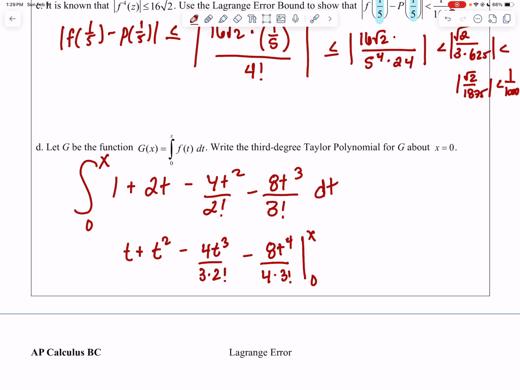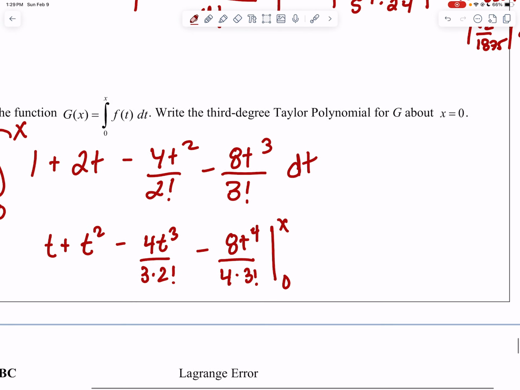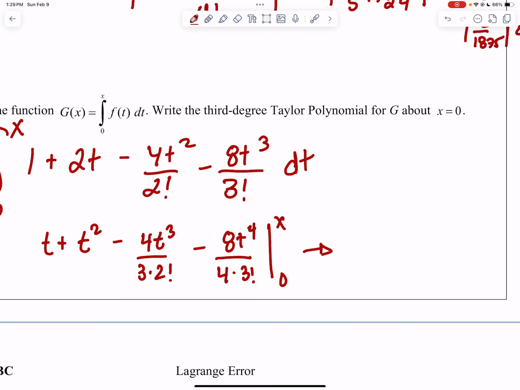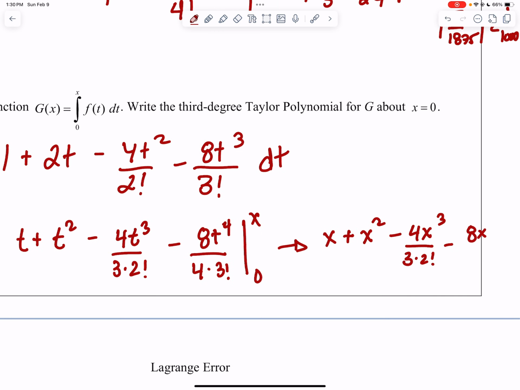So then if I were to do that, I'm going to get x plus x squared minus 4x to the third over 3 times 2 factorial minus 8x to the fourth over 4 times 3 factorial here.